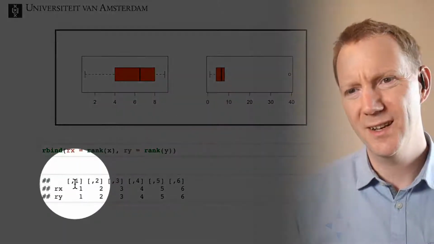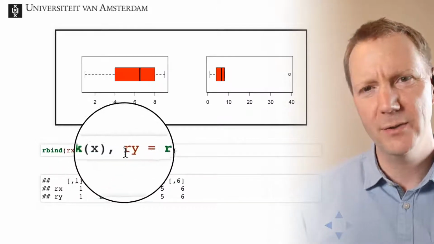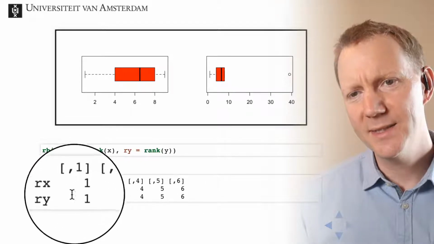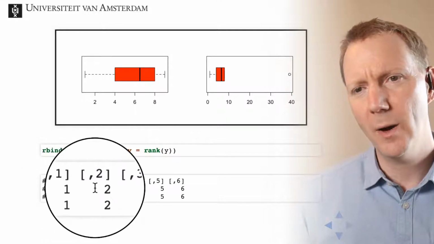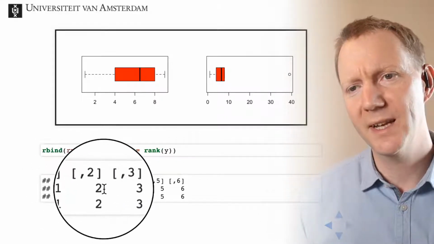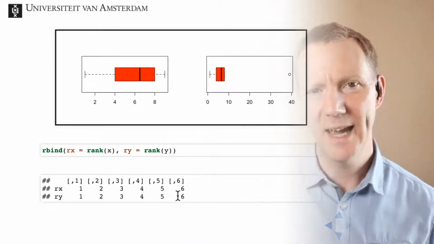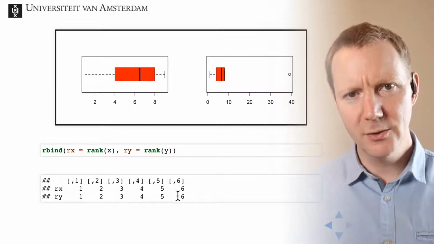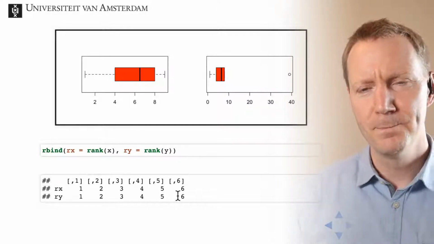So in R you have a function for this called the rank function, and we see that if I rank the x values and I also rank the y values, then an ordering is applied, and we will see that the ordering values for both x and y are essentially the same. We start with the lowest, then the next one, then the next one, to the end, and we only had in this case 6 values, so you see that the outlier is essentially taken out of the equation.